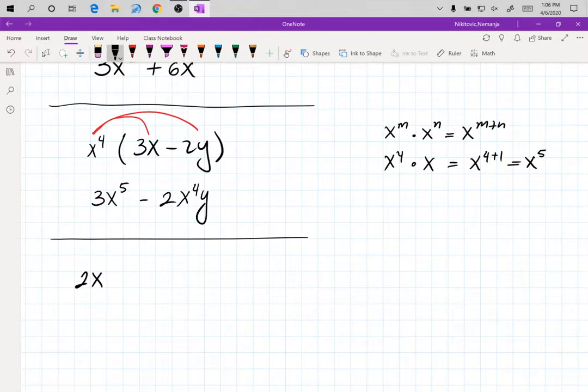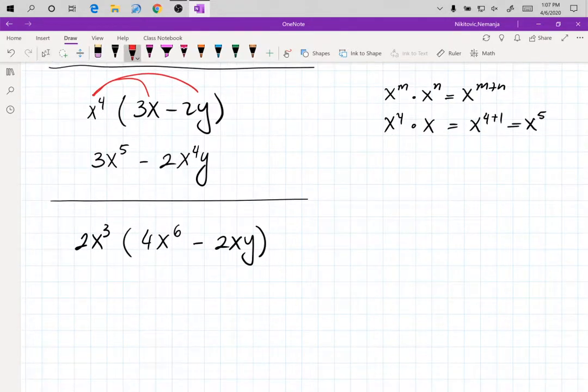Alright, so 2x cubed times 4x to the 6 minus 2xy. This is a little bit spicier situation, but you can still deal with this because this is all one unit that distributes into both. So 2 times 4 is 8.